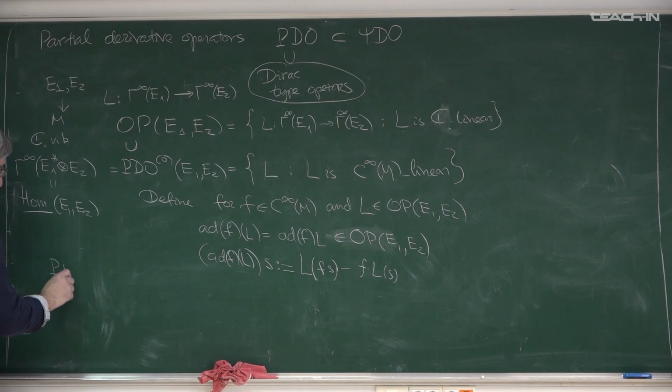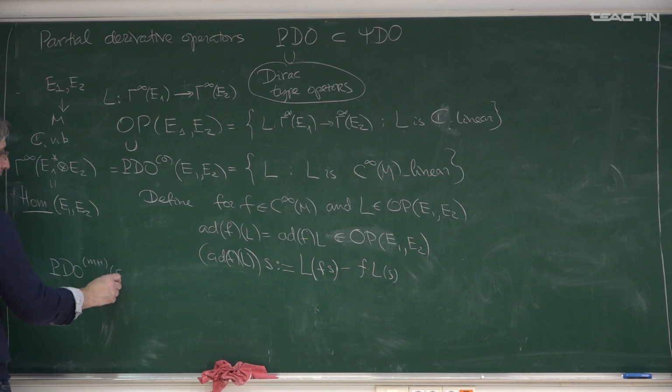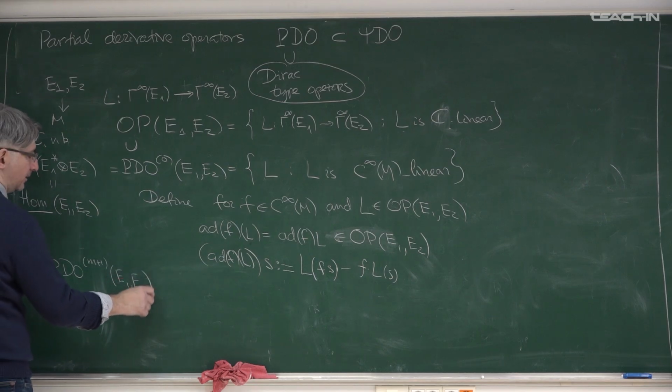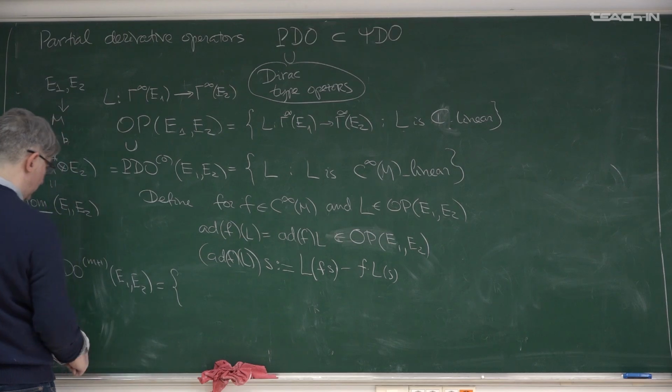So we say partial derivative operators of order m plus 1 from E1 to E2 are defined inductively in the following way.